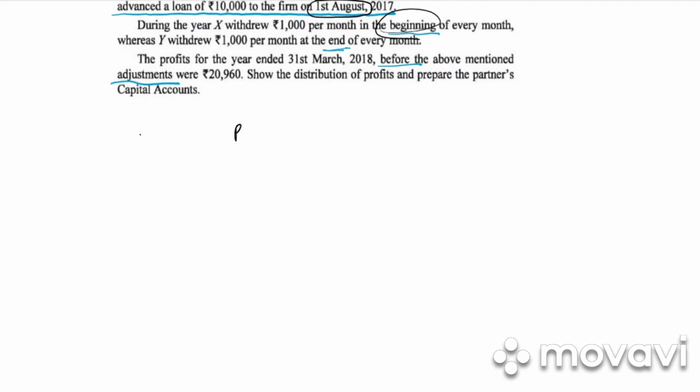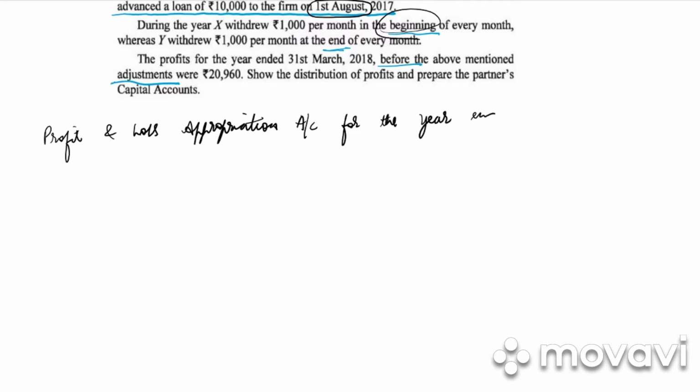So first let's prepare the profit and loss appropriation account for the year ending 31st March 2018. We have the debit side, we have the credit side.